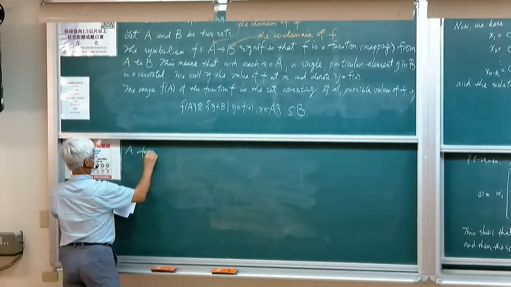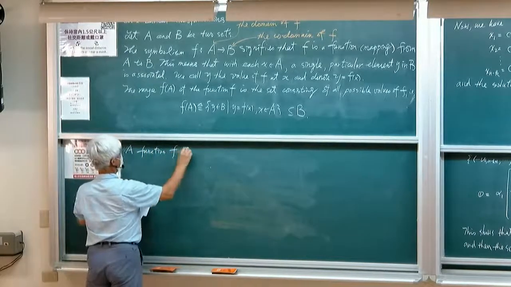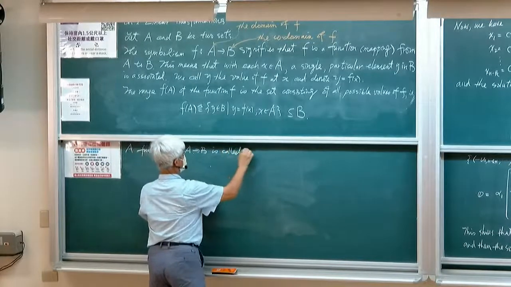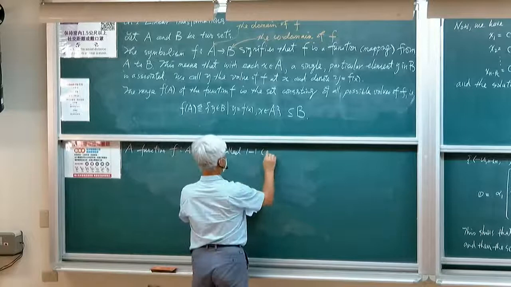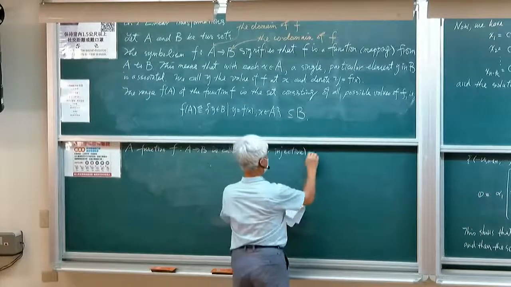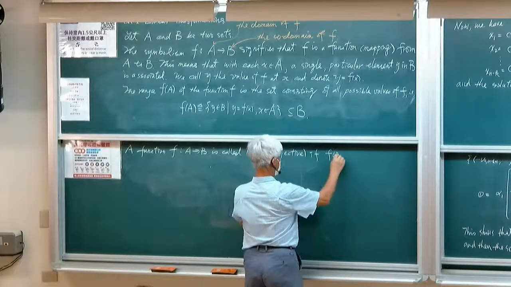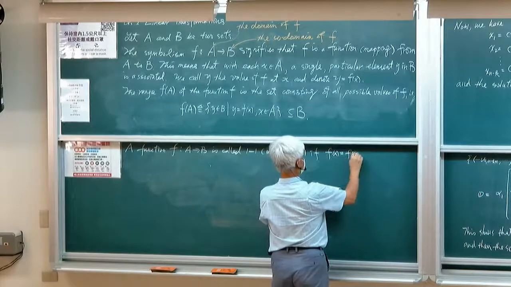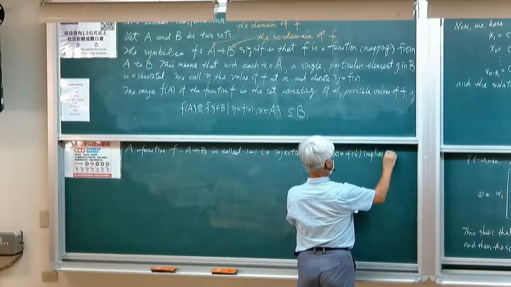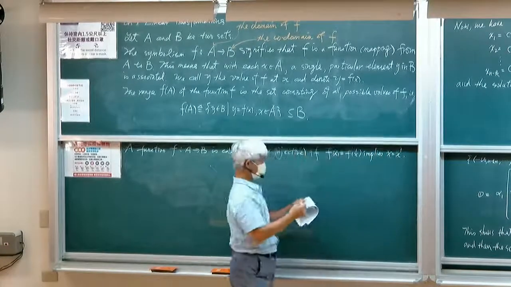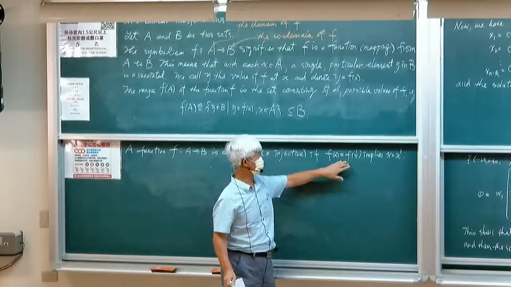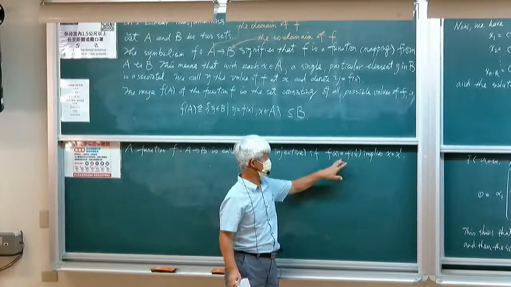Now, a function f from A to B is called one-to-one or injective if f of x equal to f of x prime implies x equal to x prime. So if the function has equal value at two elements x and x prime, then these two elements must be the same.